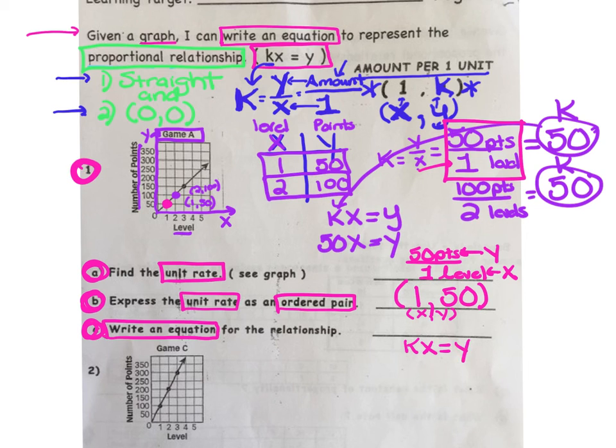K times X equals Y. Well, our equation is right here. 50 times X equals Y. So we've written the unit rate as an ordered pair, and then we use that constant of proportionality, that K rate, to write an equation. This completes the video for page 14.